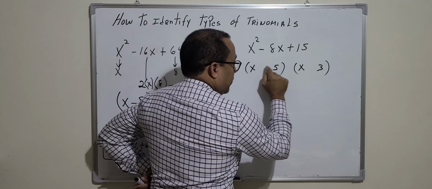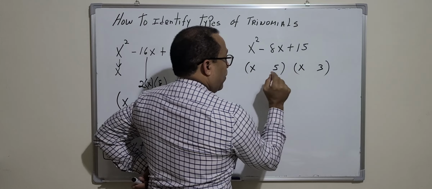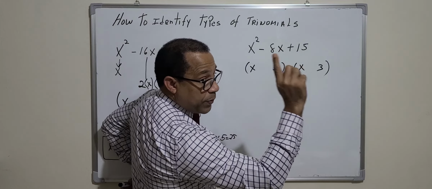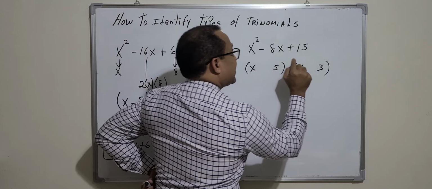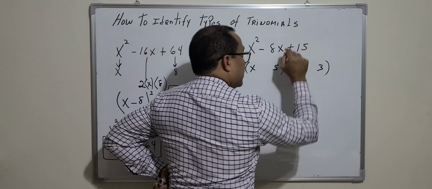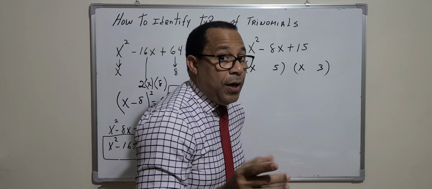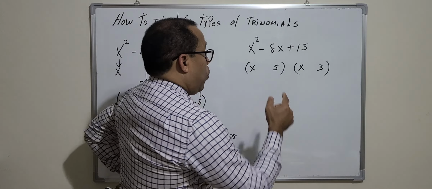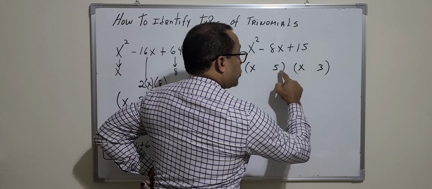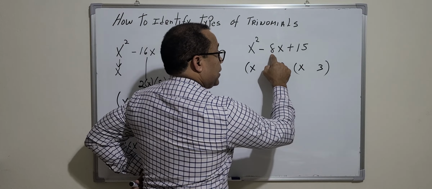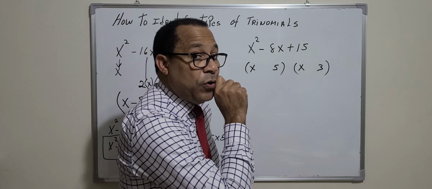If this is positive and this is positive, when multiplying positive times positive, we get positive. The first condition is okay so far. But also remember, when you add them or subtract them, you get the second term, which is a negative number.